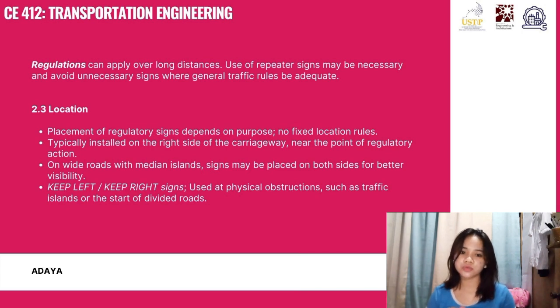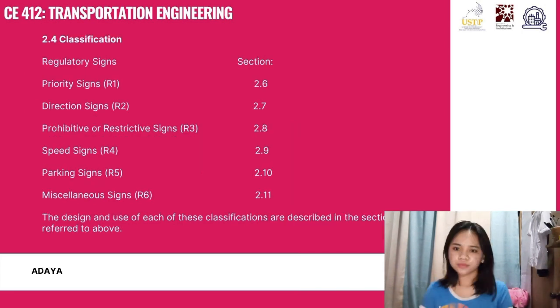So on wide roads with median islands, signs may be placed on both sides for better visibility, and then keep left or keep right signs are used at physical obstructions such as traffic islands or the start of divided roads, and then pedestrian crossing signs, fluorescent yellow green and circular, are located at or near marked zebra crossings, parking restriction.